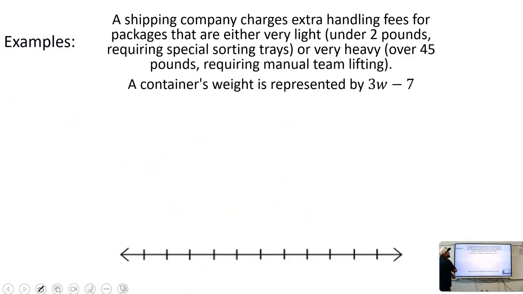Let's do the last one. A shipping company charges extra handling fees for packages that are either very light, under 2 pounds, or, hopefully that gives you a hint, very heavy, over 45 pounds, requiring a manual team lifting. The container's weight is represented by 3W minus 7. So, since it's an or statement, that means we're going to have two separate inequalities separated by the word or. So, under 2 pounds.